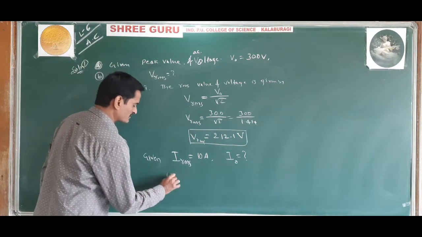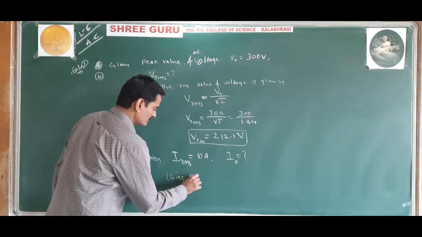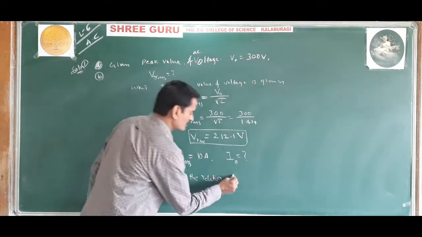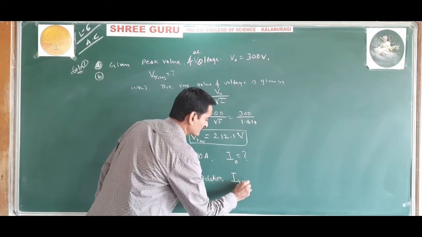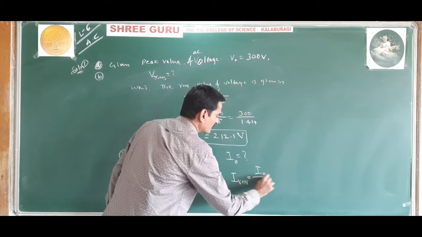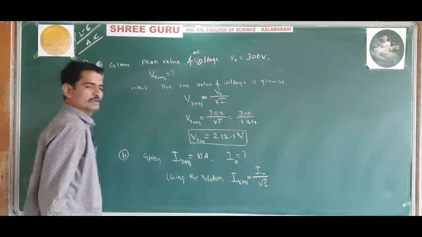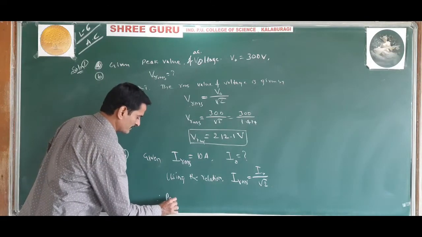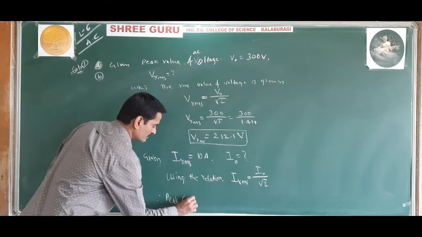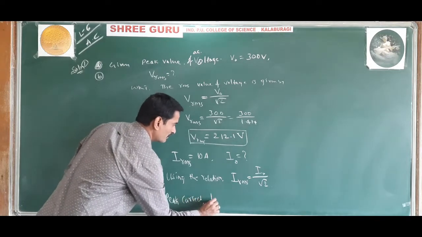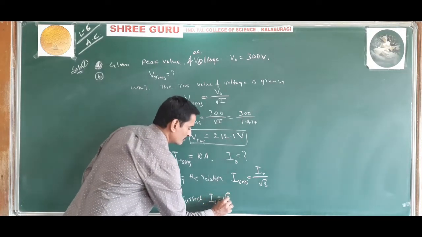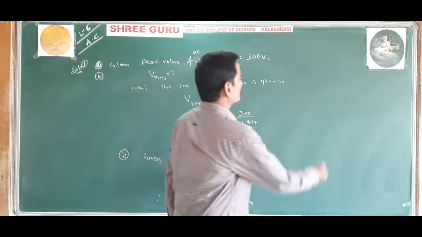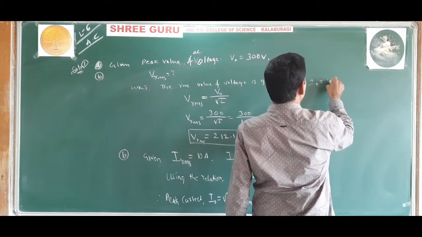Using the relation IRMS is equal to I0 divided by root 2, therefore peak current I0 is equal to root 2 into IRMS.